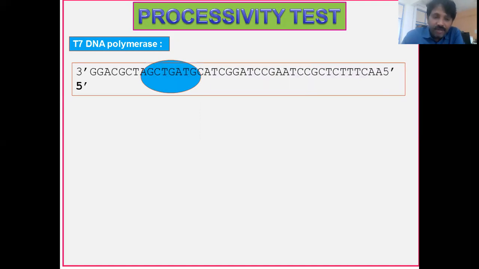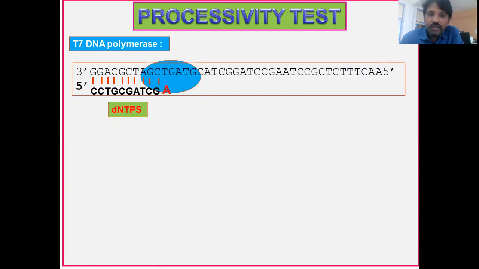So you see the T7 DNA polymerase, and a primer which binds to the template. And you see this T7 DNA polymerase is all in a single subunit, right? So if you provide the dNTP bases, it can add one or two nucleotides. That's it. Then it falls off the template and primer complex, right?